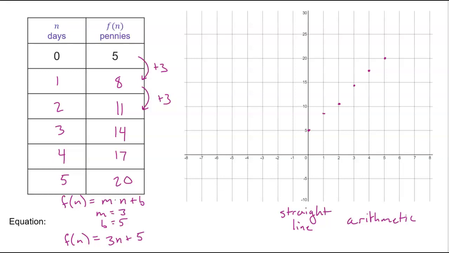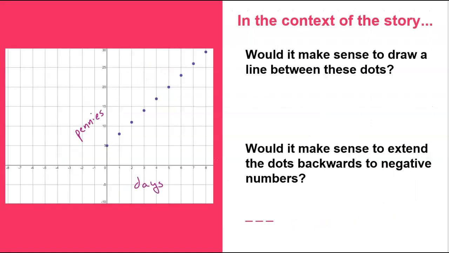So question on this. Would it make sense to draw a line in between these dots? What do you think? If we were to draw a line, let's start at this dot down here and go up to these dots up here.